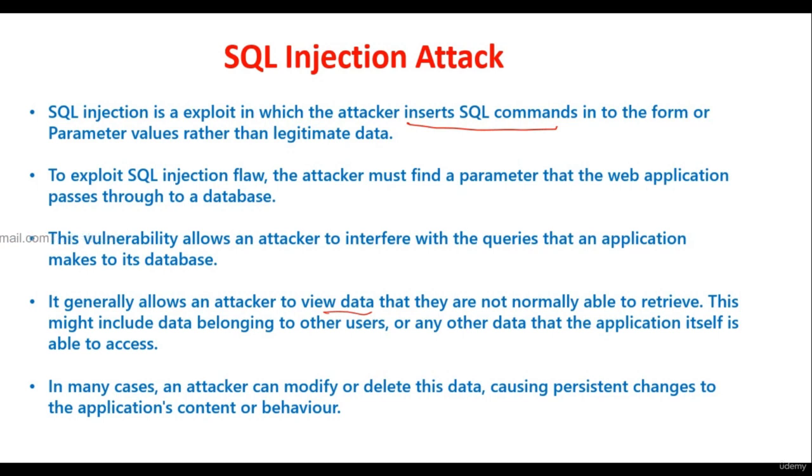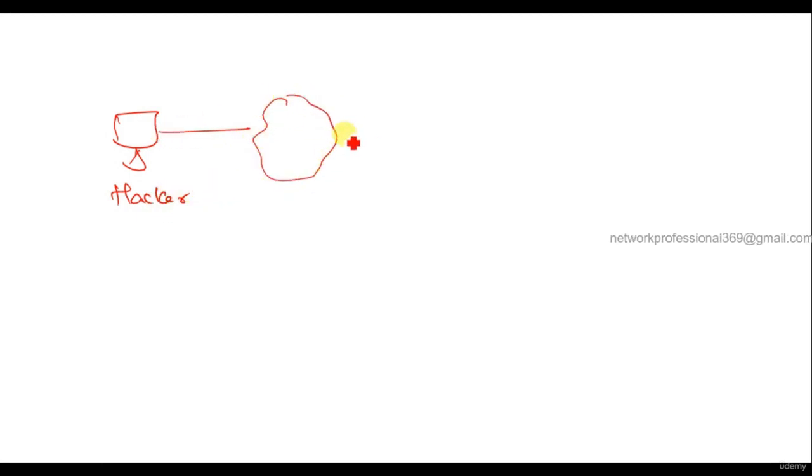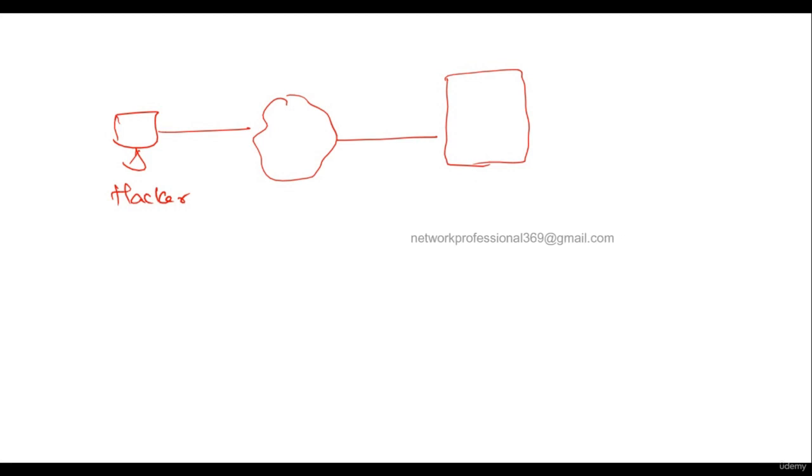Basically, consider that there is a malicious user, a hacker, over the network connected to a web server. When I say web server, in our previous videos we have discussed the components of a web server. Each web server has three components.